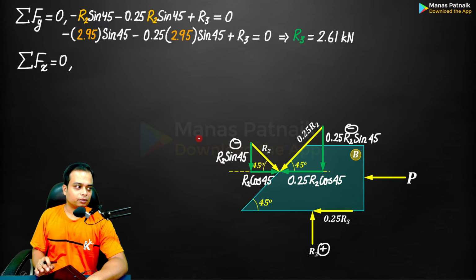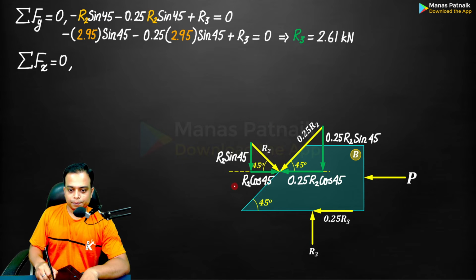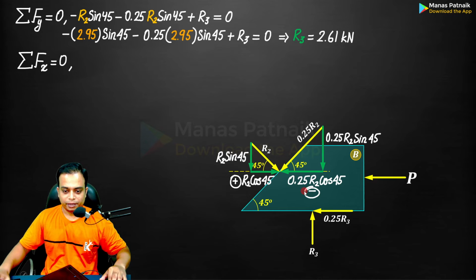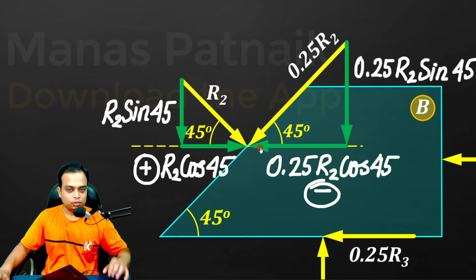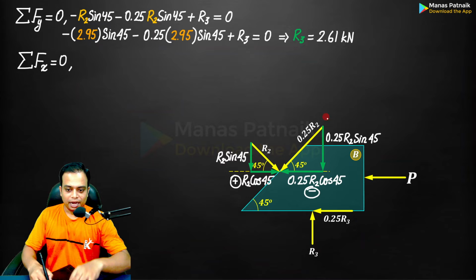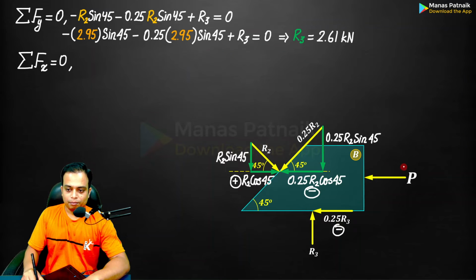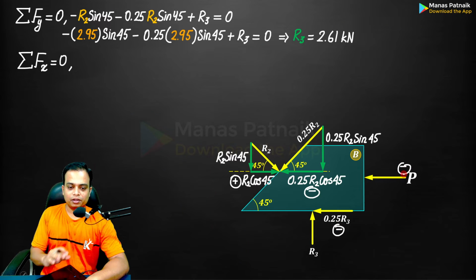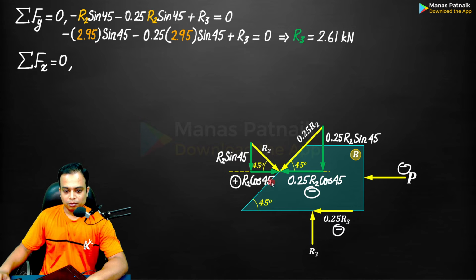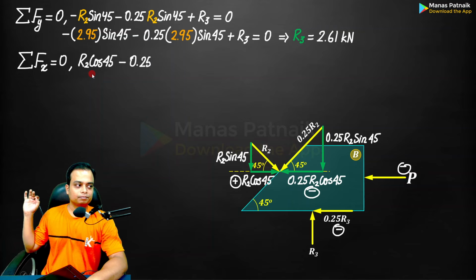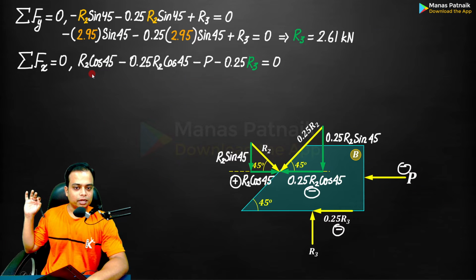Go for summation Fx equal to 0. When you do that, plus R2 cos 45, minus, the direction of arrow is to the left, and then minus 0.25 R3 minus P. I think we've covered all the horizontal forces. One is positive where the remaining three are negative. Done.